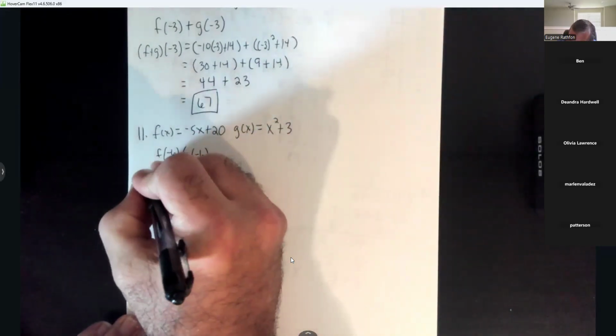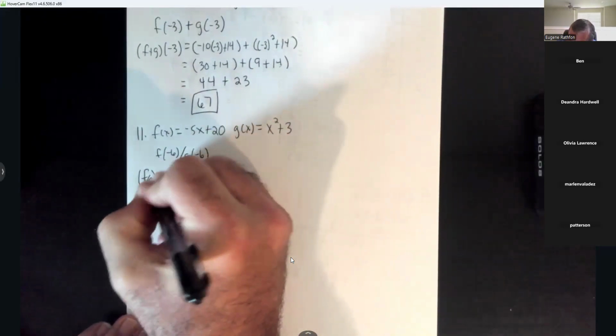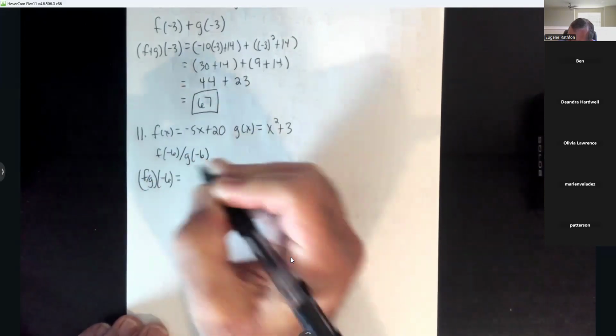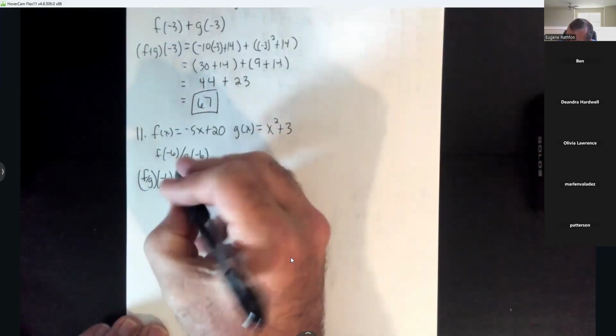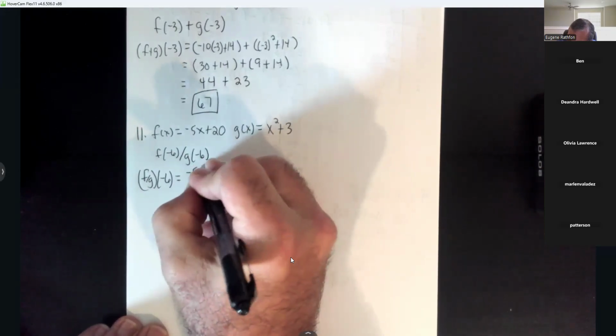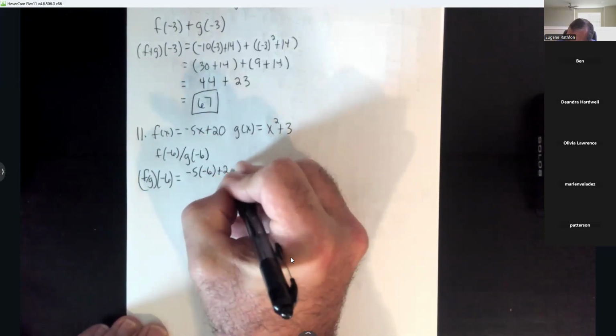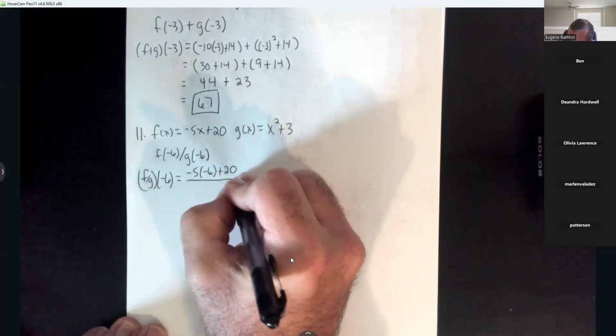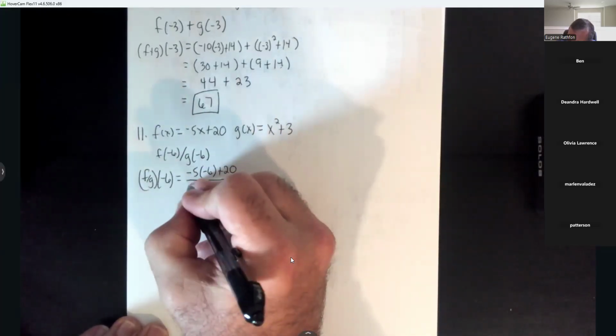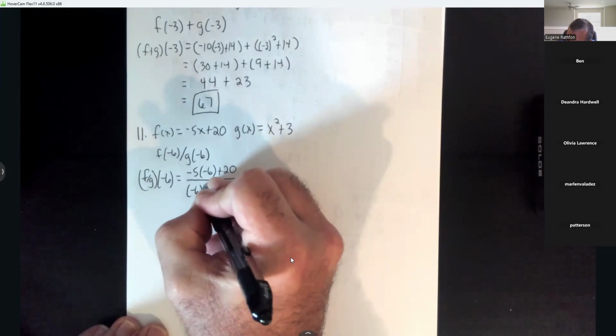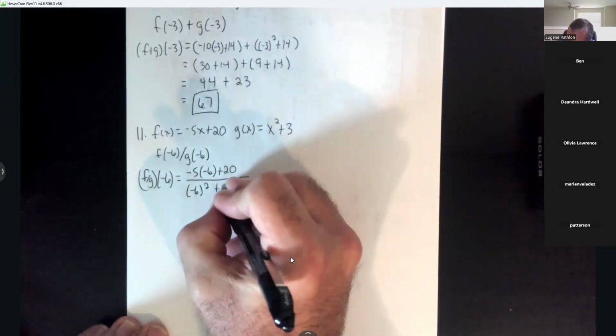So basically, I'm finding f divided by g of negative 6. So my f will be on top: negative 5 times negative 6 for x, plus 20. On bottom, x squared will be negative 6 squared plus 3.